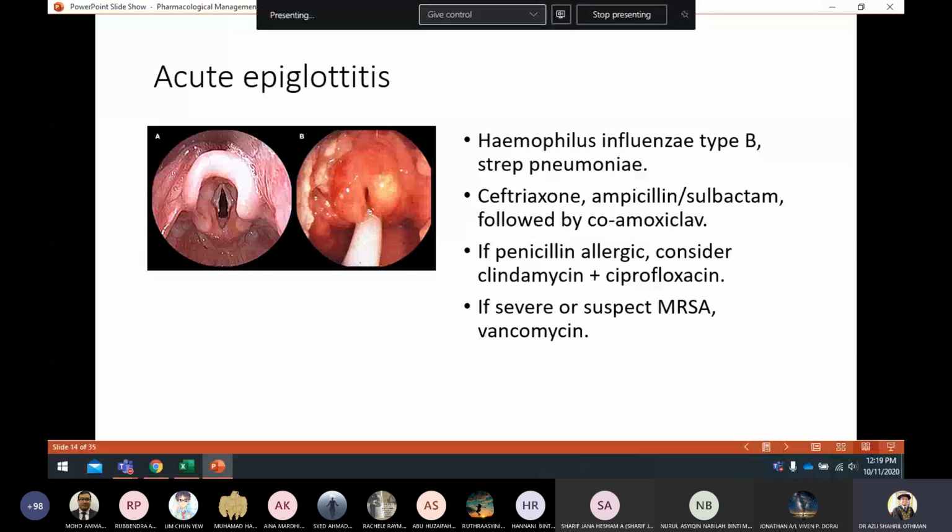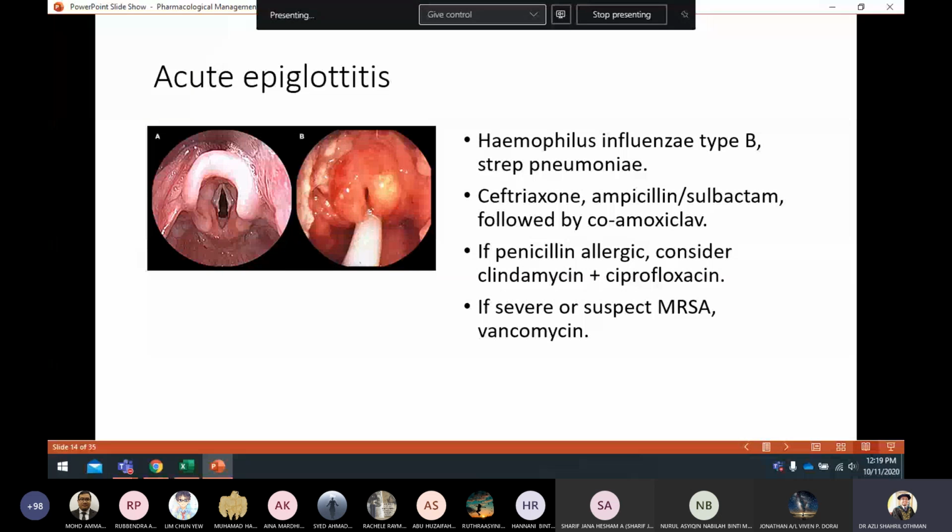If the patient is allergic to penicillin, remember, there is a high probability that the patient will be allergic to other drugs of the same class. What do I mean by class? If a patient is allergic to penicillin, there is a high probability that he will also be allergic to other cell wall inhibitors or other beta-lactams.